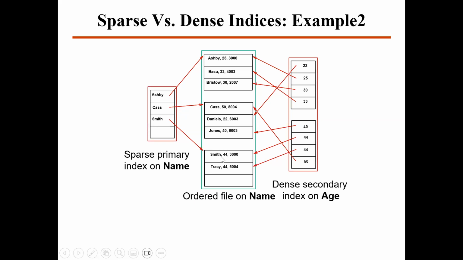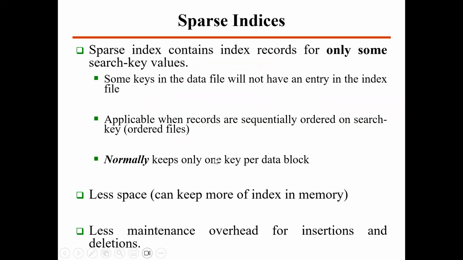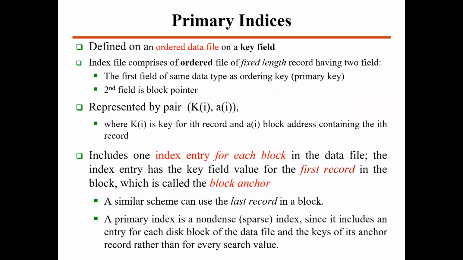So the block anchor links the block with the index entry, and any record in the block can be searched with the help of this block anchor, connecting it with the entry inside the index. Now I hope you understood what a block anchor is. It connects the index entry with the first record inside the block.